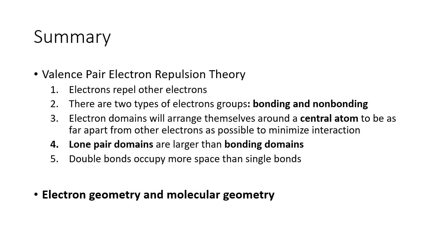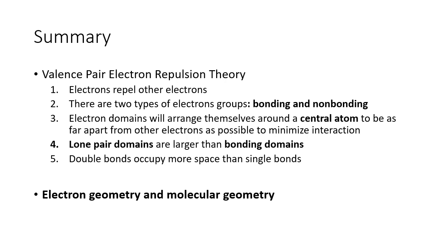In summary, valence shell electron pair repulsion theory, VSEPR, says that electrons repel other electrons. There are two types of electron groups, bonding and non-bonding. The electron domains will arrange themselves around a central atom to be as far apart from the other electrons as possible in order to minimize interaction.